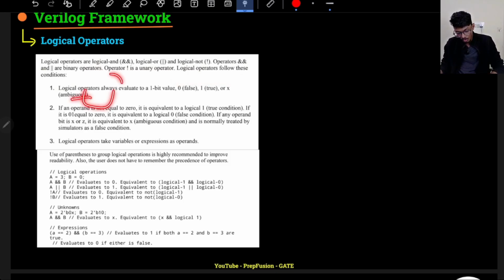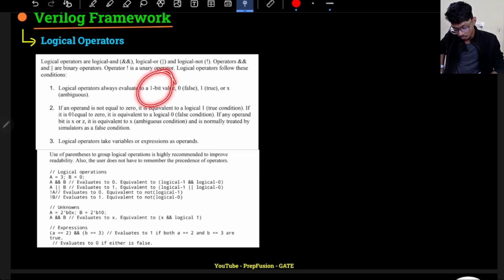Logical operators follow these conditions. A logical operator always evaluates to a one bit value. So the output of a logical operator will always be a one bit value. But this was not the case with bitwise operators, right? So that is the first difference. Then what is the output of a logical operator?